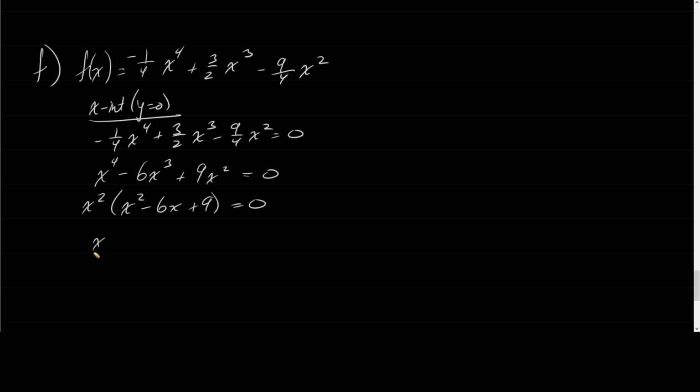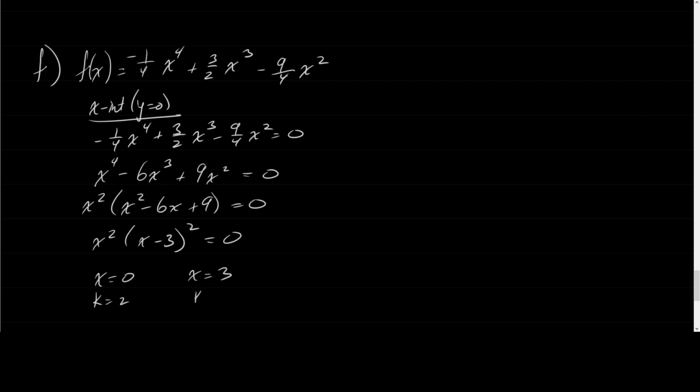Factor this last part out, x squared times x minus 3 quantity squared, right? Because 3 squared is positive 9 and negative 3 times 2 is negative 6. So in here, I end up with the zeros of x equals 0 and x equals 3.